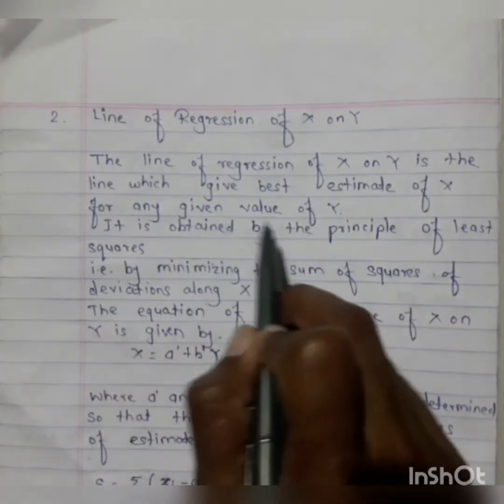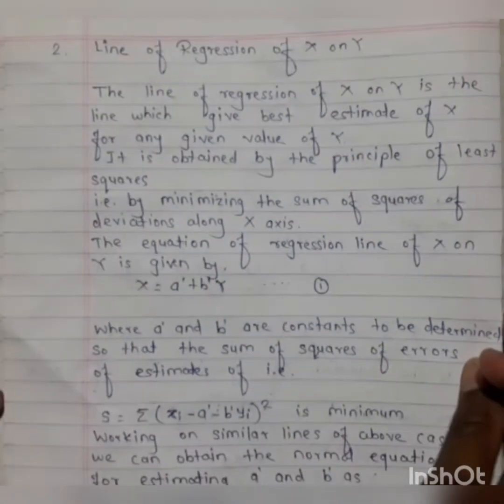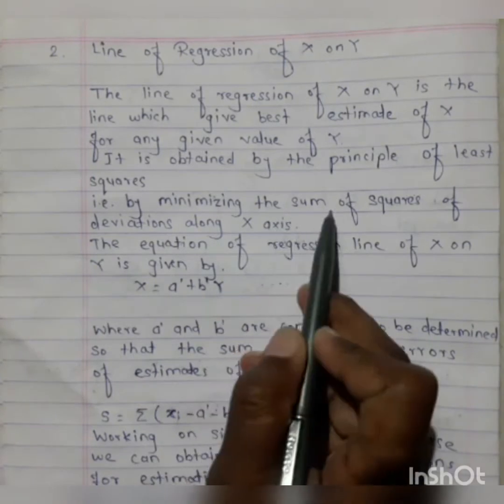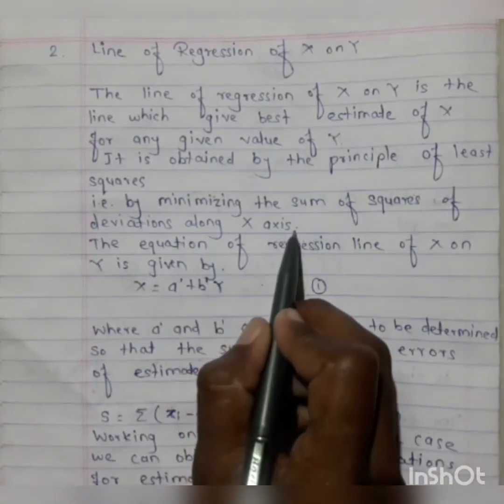It is obtained by the principle of least squares, that is, by minimizing the sum of squares of deviations along the capital X axis.